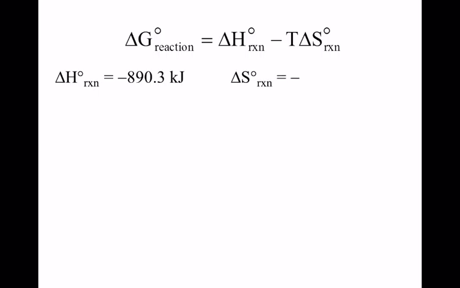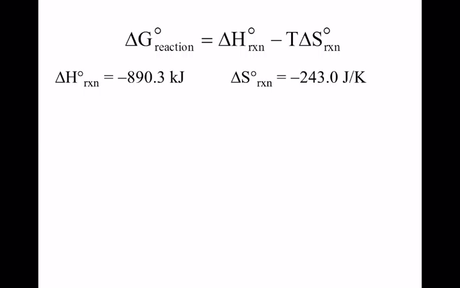And more recently, we came up with the delta S as negative 243.0 joules per Kelvin. Now, hopefully you're looking at this thinking, my energy units need to be in agreement here, and you're right. So I think I go to joules. But the other thing is the temperature.